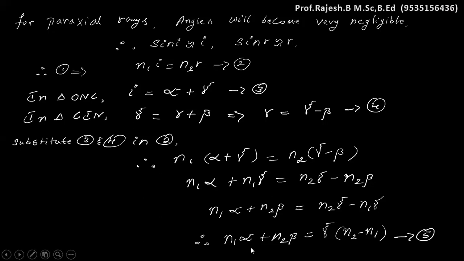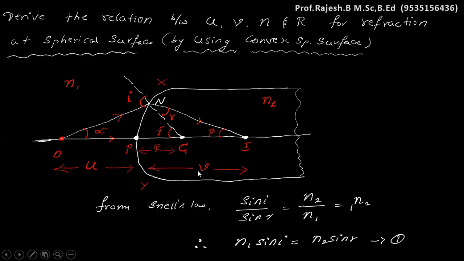After getting this, now find out alpha, beta, and gamma. To find alpha, beta, and gamma from this triangle, again you should consider the paraxial ray condition. Paraxial ray means it is the light ray which passes very close to the principal axis. So this NP, the curved part, will be considered as a straight line. These angles alpha, beta, gamma are also very small, and to find them we can consider tan alpha, tan beta, tan gamma in these triangles.